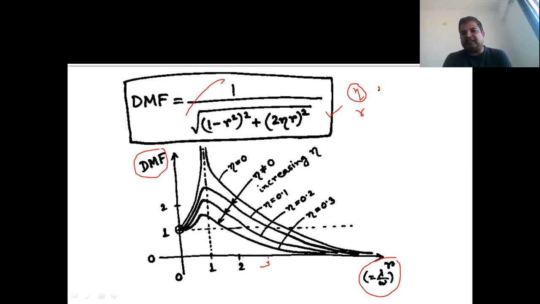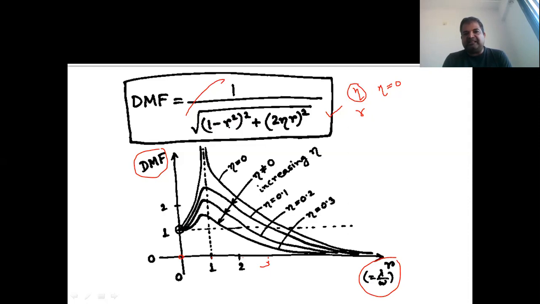First I will take eta is equal to 0. If I take eta is equal to 0 in this equation, and r is equal to 0, because I need to start from this point. So at this point, to draw this graph, I am taking r is equal to 0 and eta is also equal to 0. Put this in the equation.